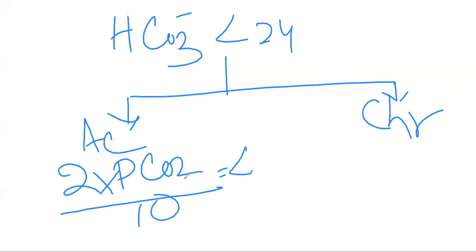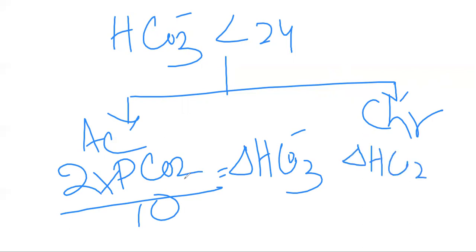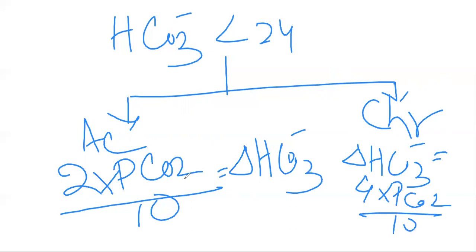And for the chronic respiratory alkalotic situation, the bicarbonate should be equal to 4 into PCO2 divided by 10. By these equations, which are also known as Winter's formula, you can understand whether the compensatory mechanism is going on or some other secondary disorder is present.